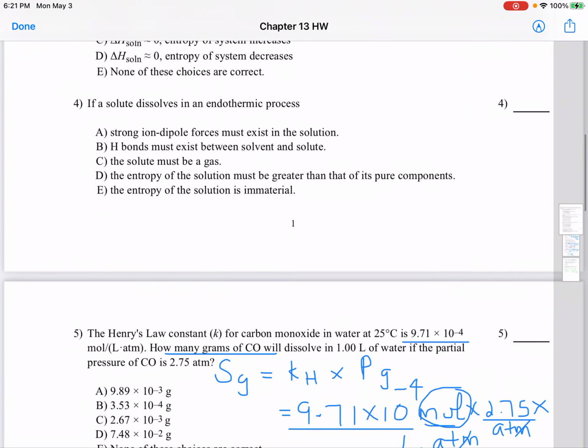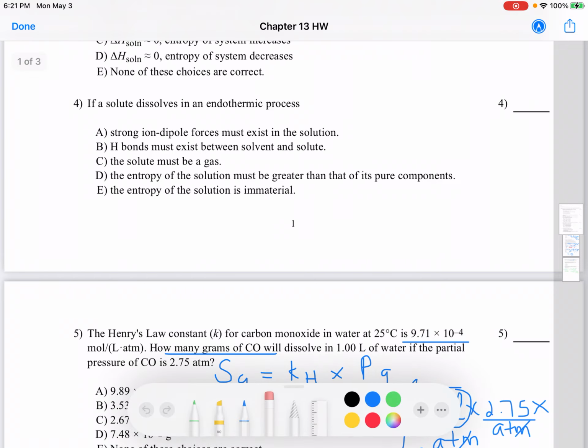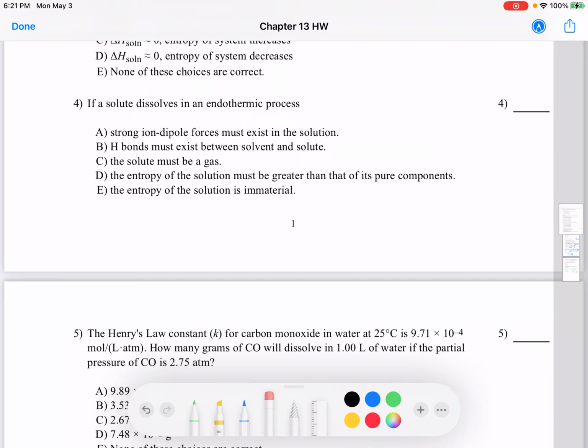Number 4, if a solute dissolves in an endothermic process, what happens? Strong ion dipole forces must exist in the solution.